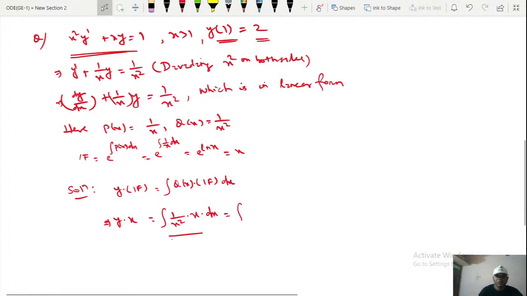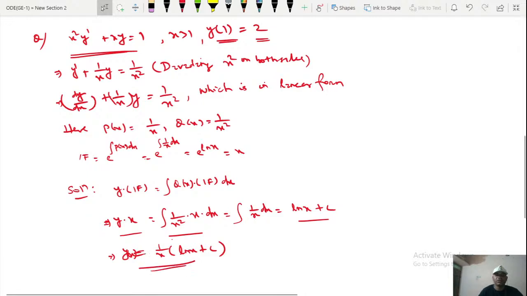So this is integration of 1 by x dx, which is ln x plus c. So y into x is this, so y is 1 by x whole into ln x plus c. So this is y in terms of x.